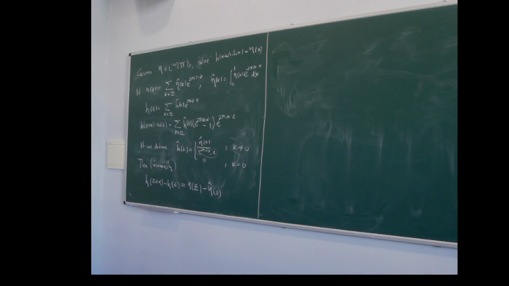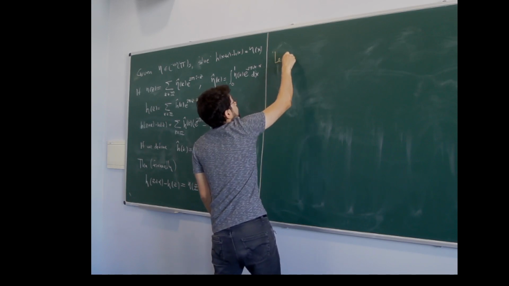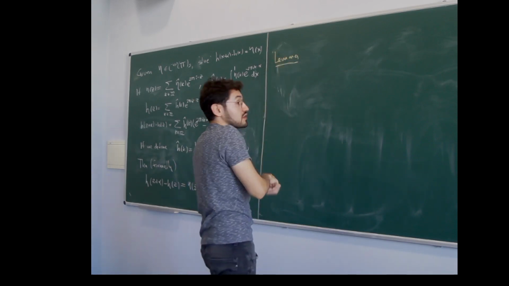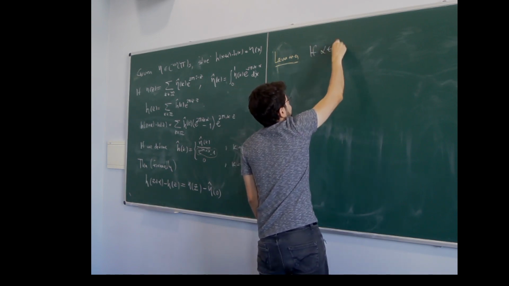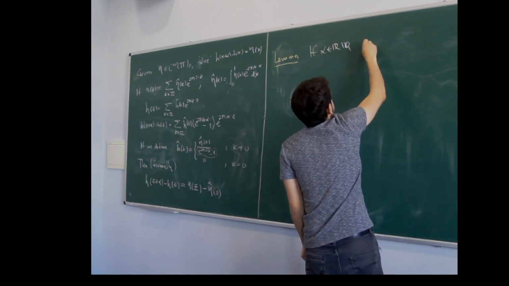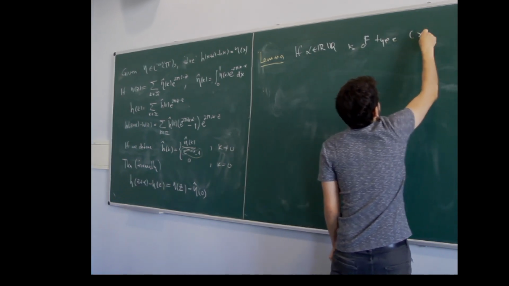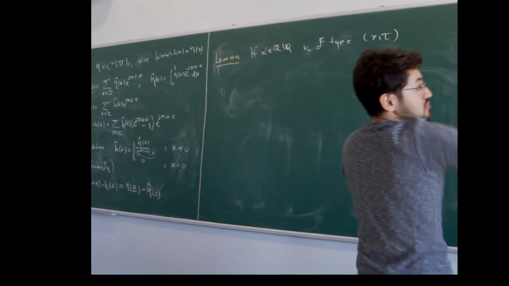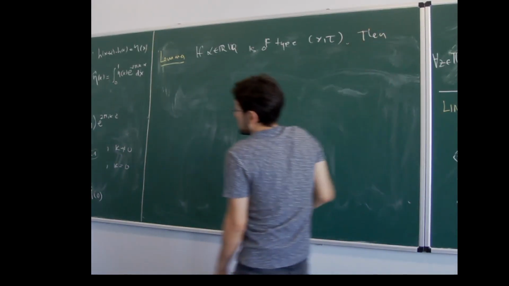So what I want to do now is to say what kind of estimate you can get. So, lemma. Suppose that alpha is of type gamma, tau. Again, if you remember the definition, it is right over there. Then what can I say about these terms?